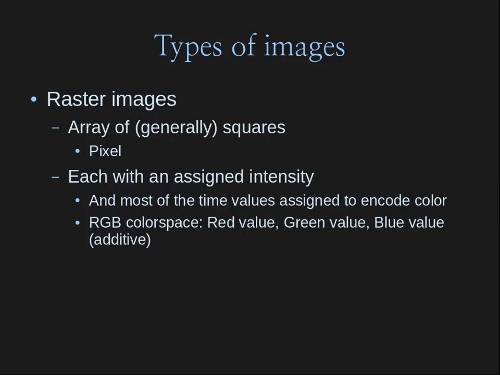One point about RGB is that it is additive, meaning that if you combine all the colors, with a value of 255 for red, 255 for green, and 255 for blue, you will get white.